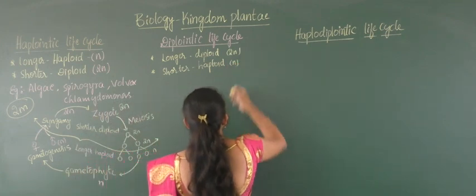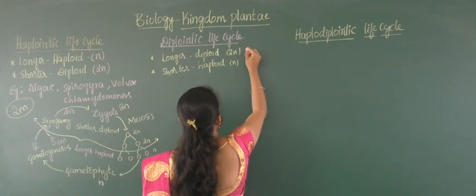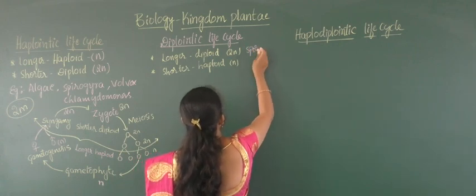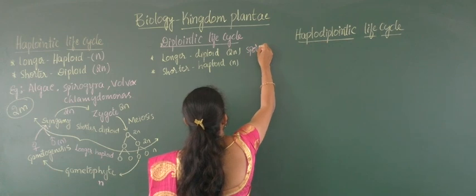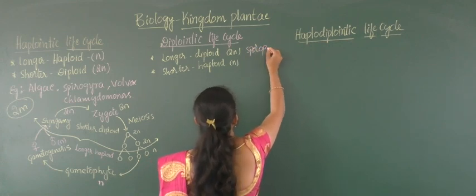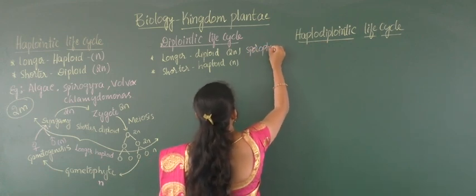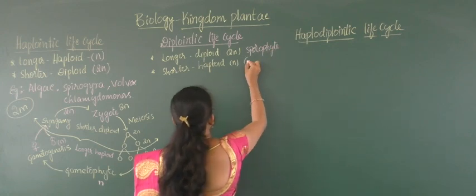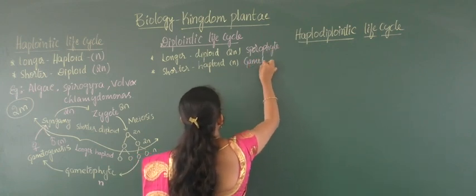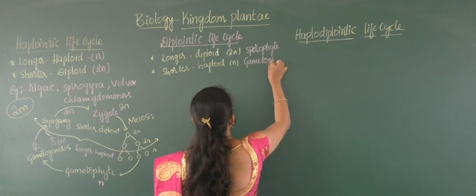Here it is the sporophytic plant body. A sporophyte shows a longer period and the gametophyte will have a very shorter period.